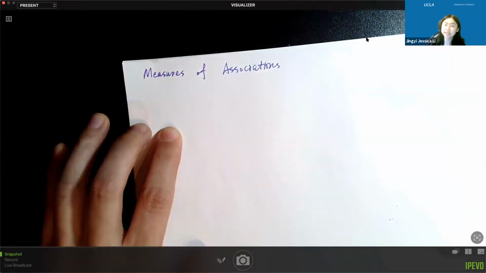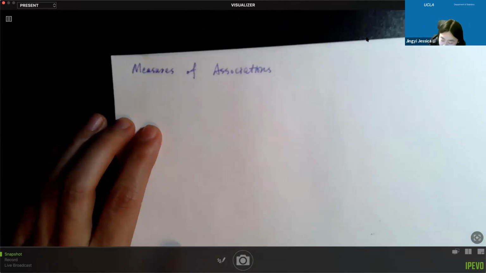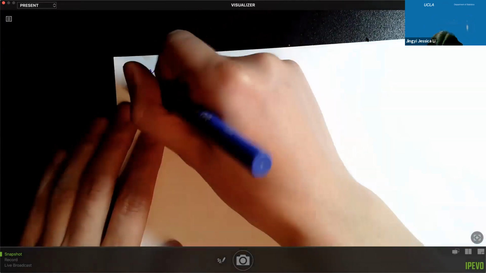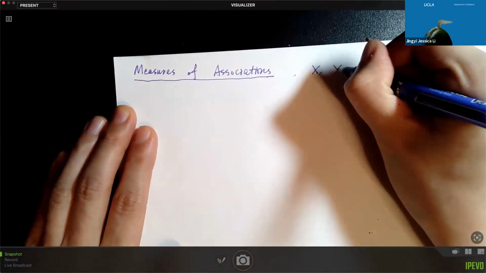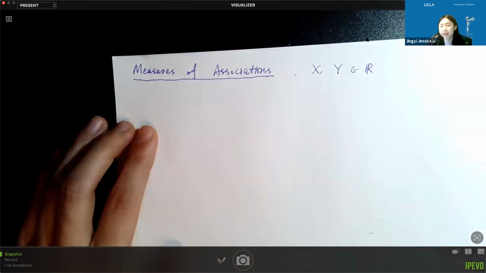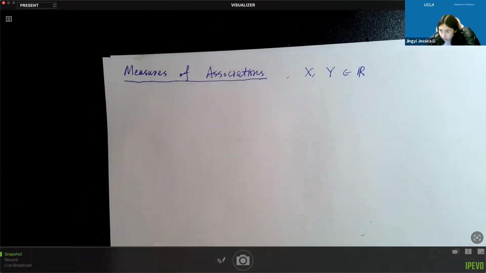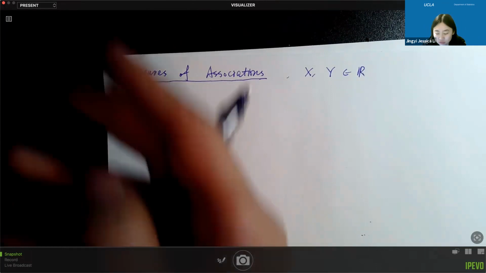So for this topic, we're going to consider two scalar valued random variables, let's just say X and Y. They are both scalar valued, and we are interested in their association. So we're going to give a value between those two variables to measure the strength of their association.